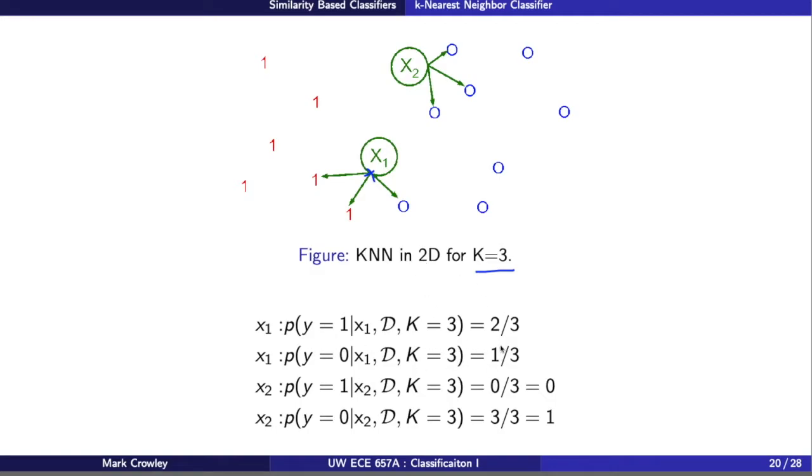So you basically compute a probability of which one has the most for that label. So the probability of a point here being class 1 is 2/3 because these guys are slightly closer than that one, and you're using 3 nearest points, right?